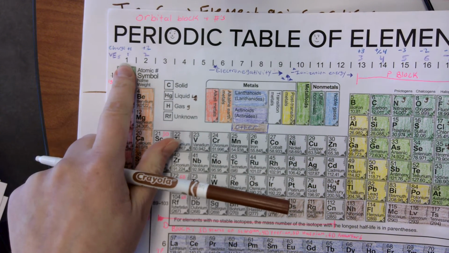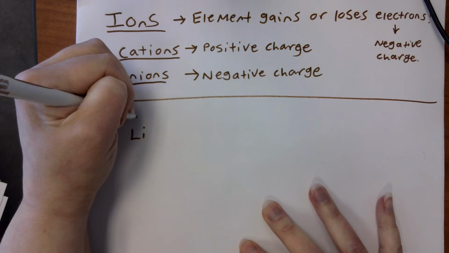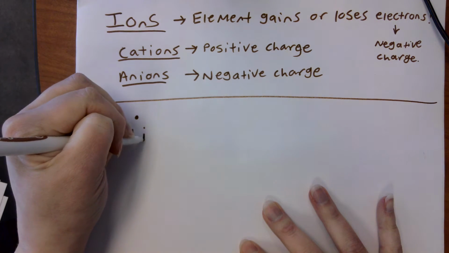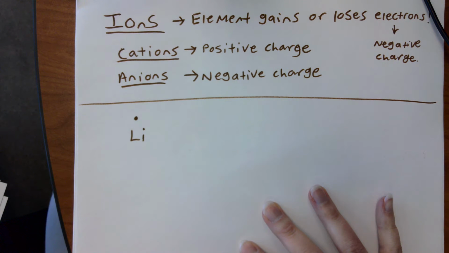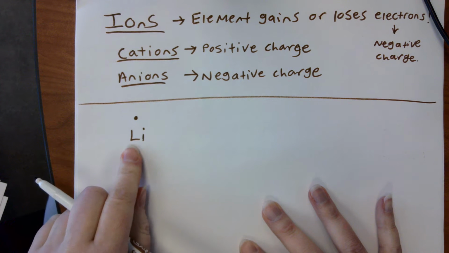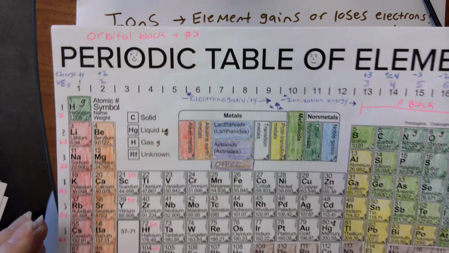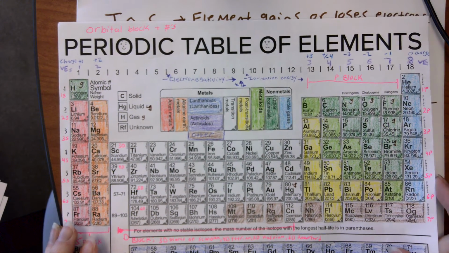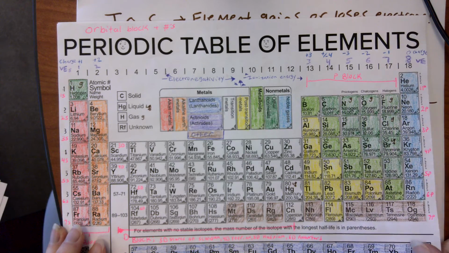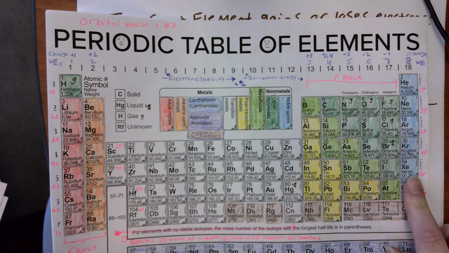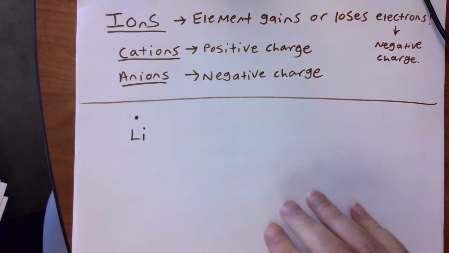It's in the first column, so that means it has one valence electron. Okay, so it has one lone valence electron. Now, what is the maximum number of valence electrons lithium could have? It could have up to 8, right? Because that's the most valence electrons we can have in the outermost shell.